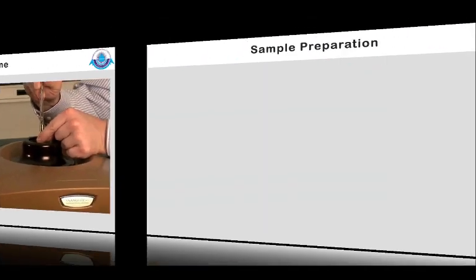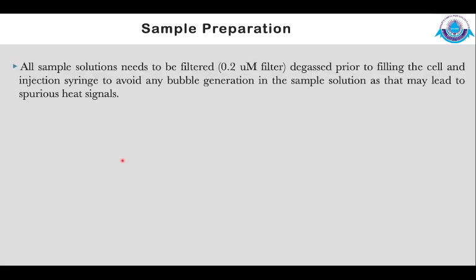Before we talk about the data, let us discuss sample preparation. All the samples we use, that is your protein solution, buffer solution, and the ligand solution, need to be free of any dust or solid particles, and need to be filtered through a 0.2 micron filter.